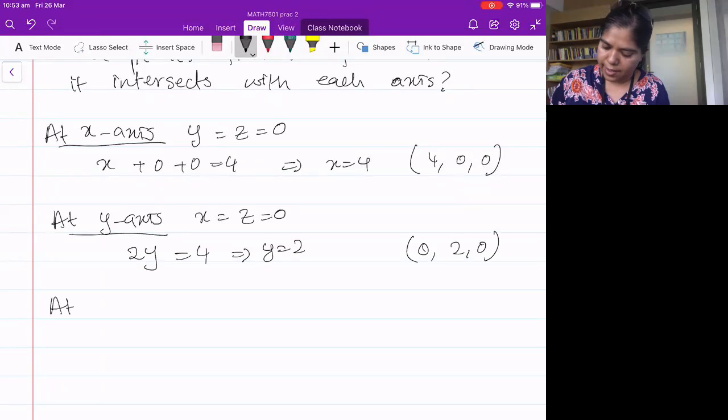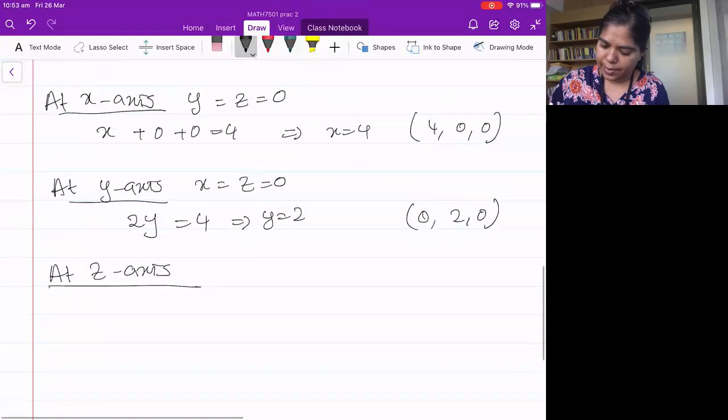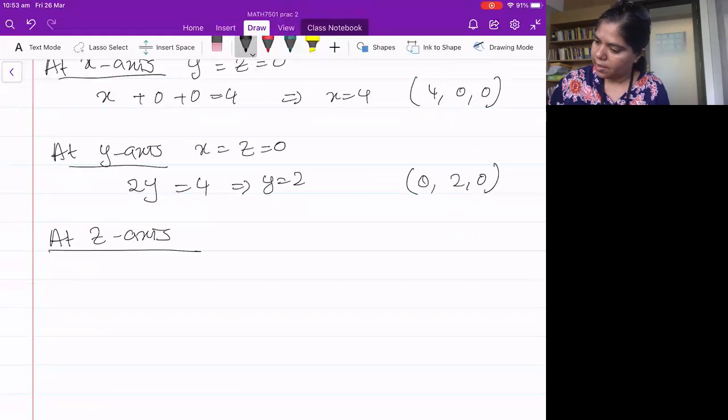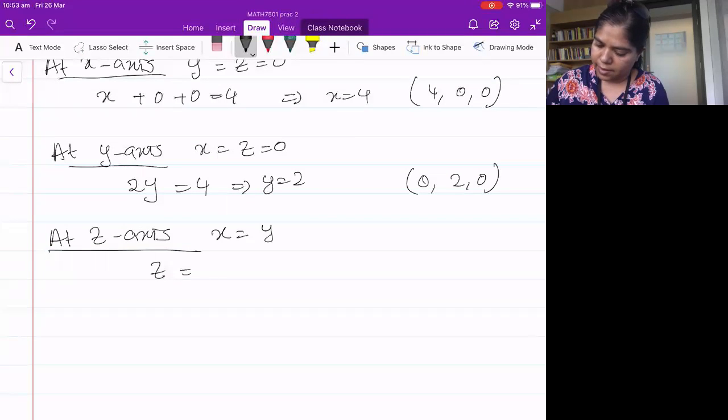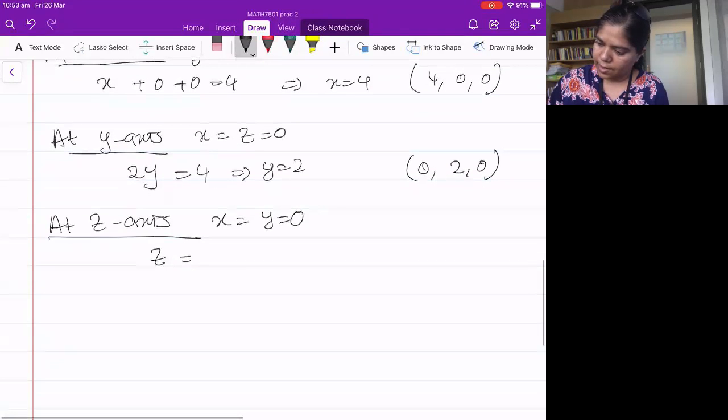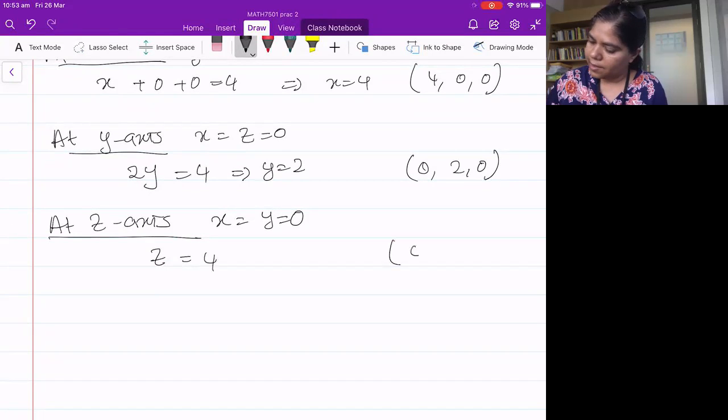And at the z-axis, we will have x and y equal to 0. So z equals 4. That point would be 0, 0, 4. Okay.